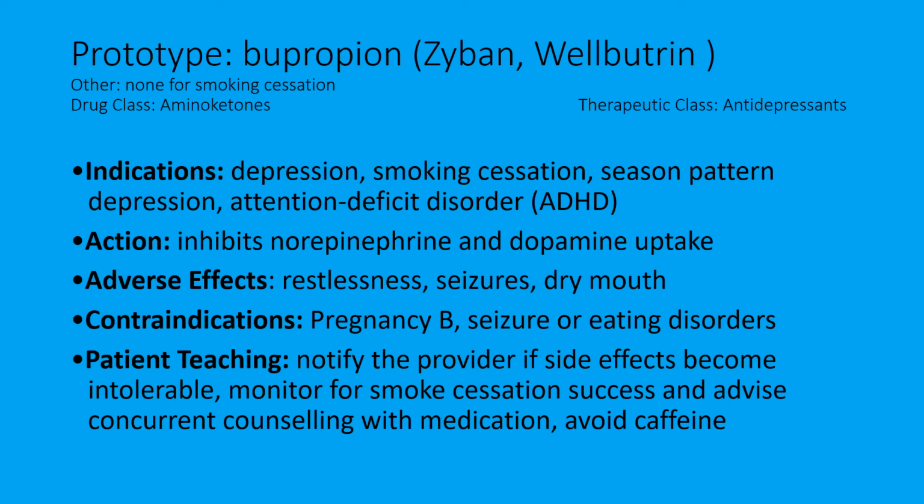And often the way that it's started is that you start with a smaller dose of bupropion while you're still smoking, and over the span of a week or 10 days or 2 weeks, you increase the dose of bupropion as you are tapering off your cigarettes. Okay? And often the urge to smoke is diminished while on this medication.